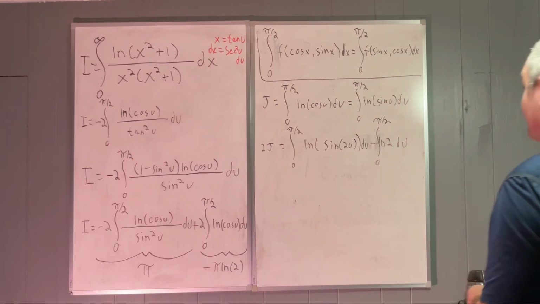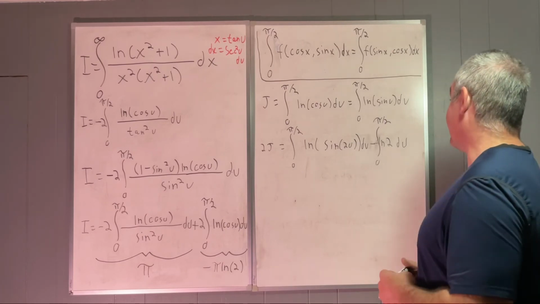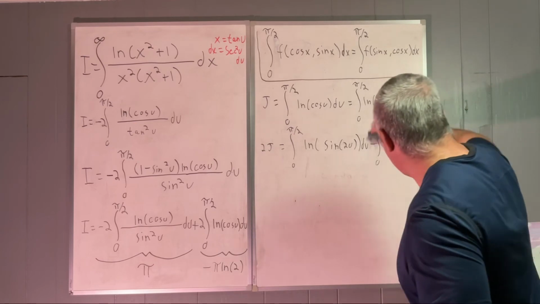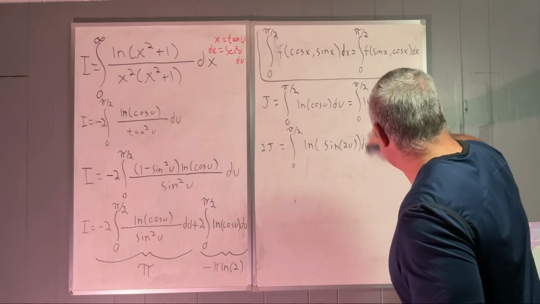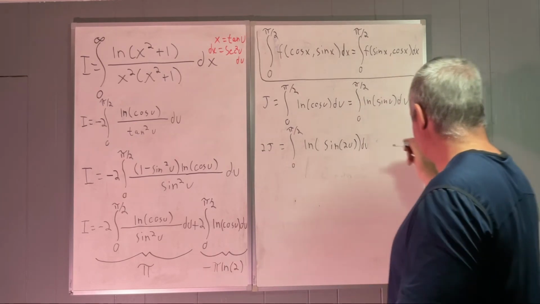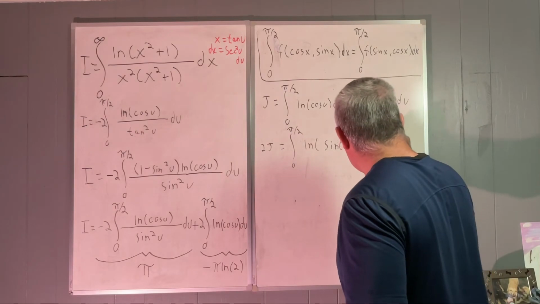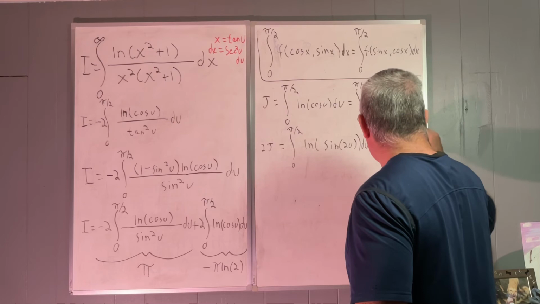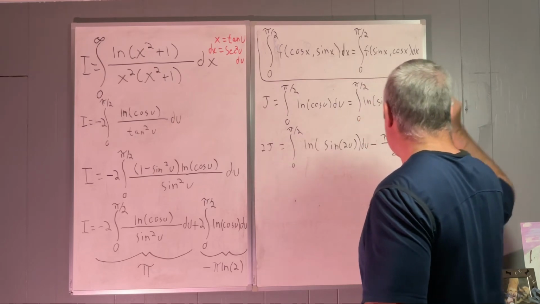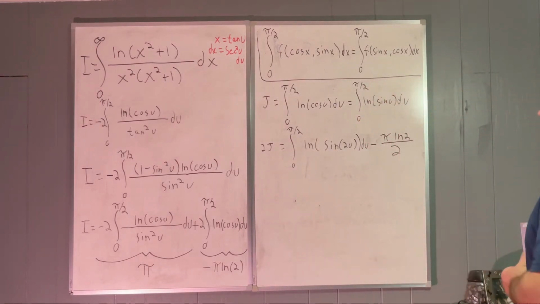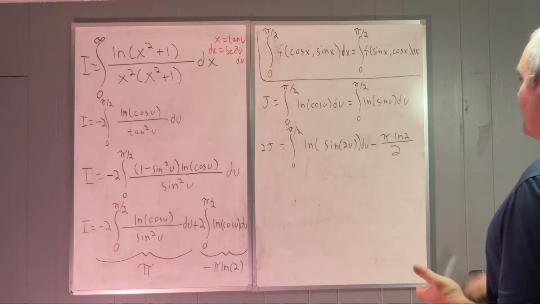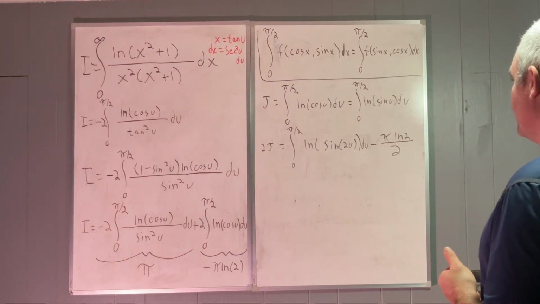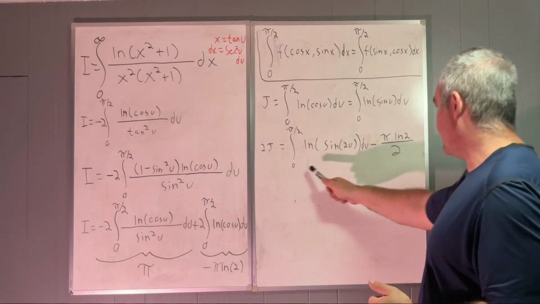Well, that's just going to be pi natural log 2 over 2. All right. So now we need to do this one.